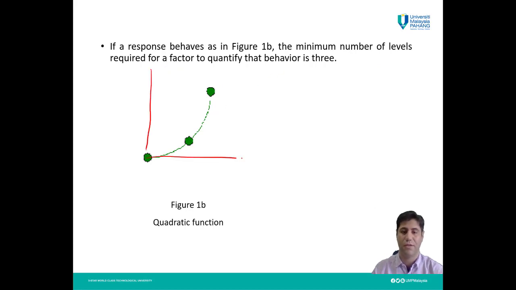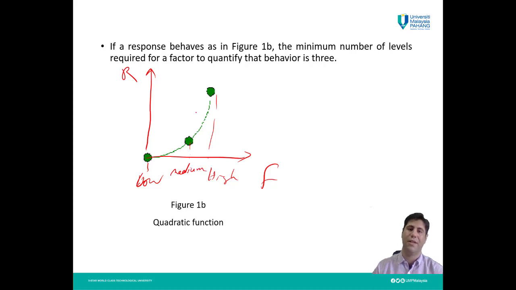Again, we have low and high amounts of the factor. If we have only 2 points, we don't know, and we know it is not linear. We need another level for the factor, for example, medium, to find this line.